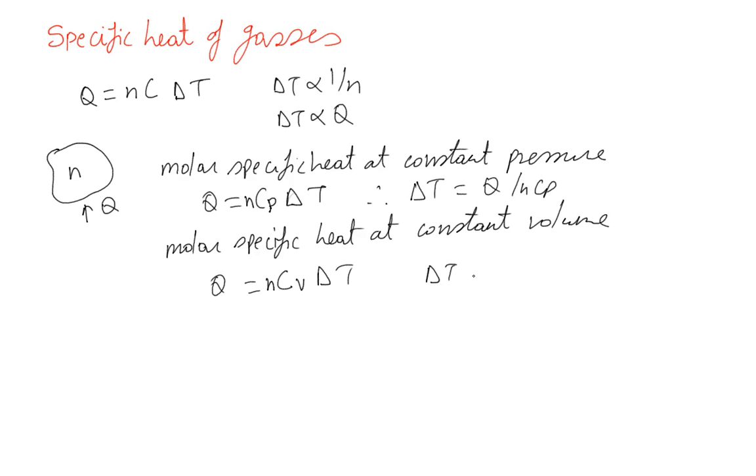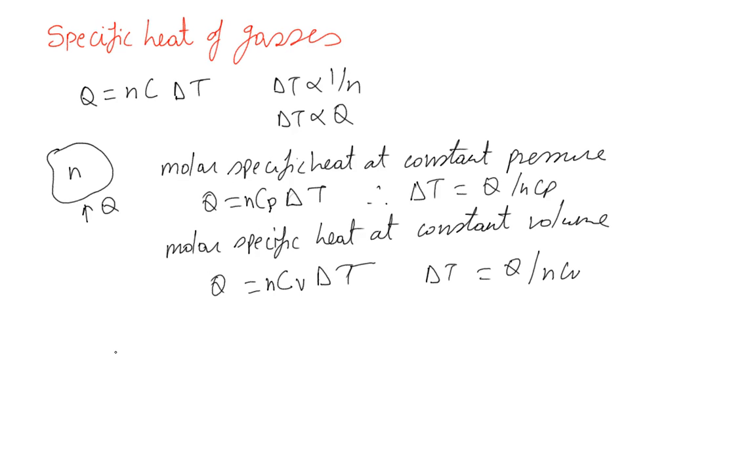Similarly here. Now there is no heat capacity for constant temperature. It doesn't make sense because the idea is to change temperature, so you cannot keep temperature constant. That's why we have two different types of specific heats.